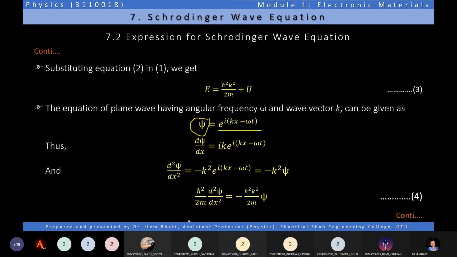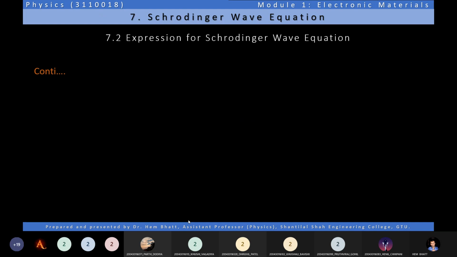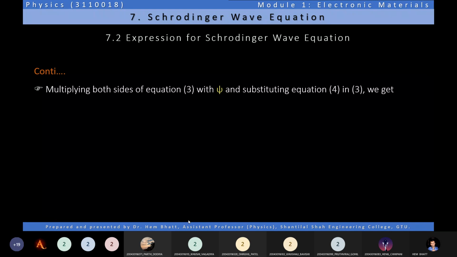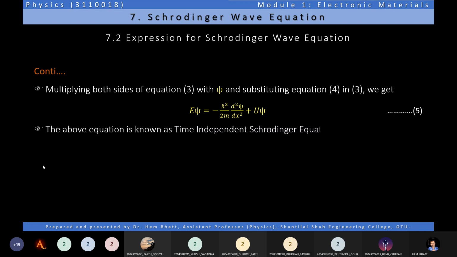Take a screenshot. Multiplying both sides of equation 3 with psi and substituting the fourth equation, we get equation 5, and this is the Schrodinger wave equation. Equation 5 is the required Schrodinger equation for the particle.